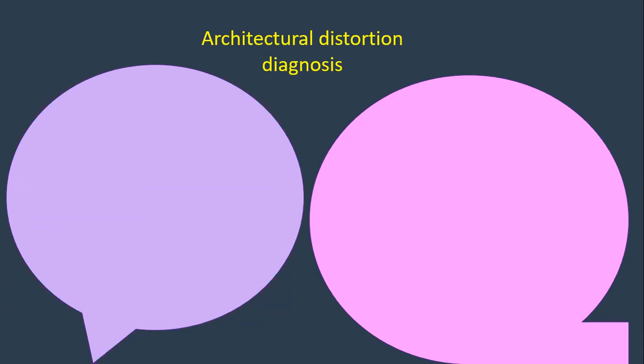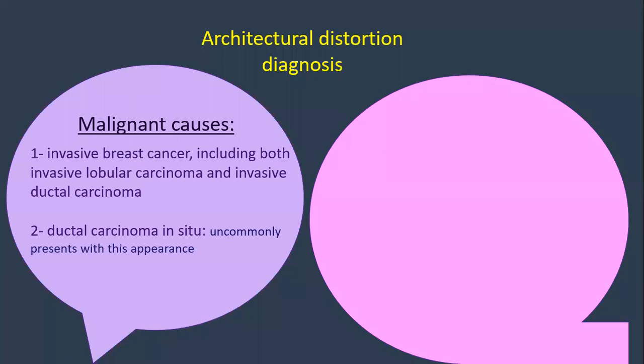The invasive cancer, either the commonest invasive ductal, and then invasive lobular or mixed ductal and lobular. These are the more common. Uncommon is the DCIS, uncommonly presenting with this appearance of architectural distortion.